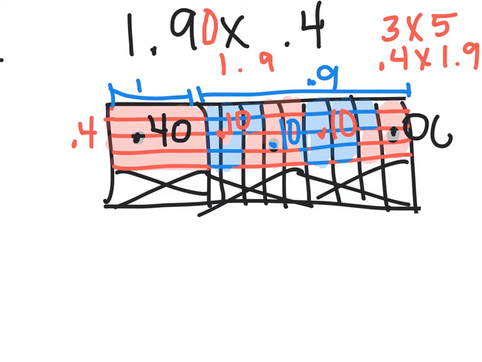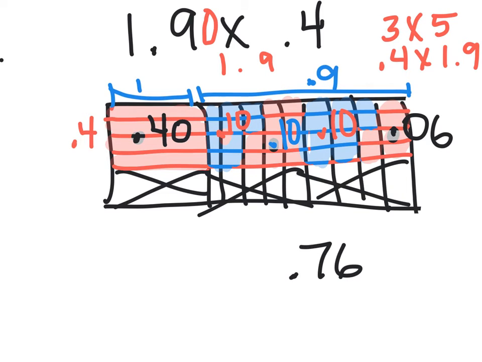So I have 40 cents and 10, 10, 10. Well, 40 and 30 cents makes 70 cents. And then I have 6 pennies over here. So 70 cents and 6 pennies, my answer is 76. Hundredths are 76 cents. Because like I said, when I think decimals and I think money, it makes it so easy.